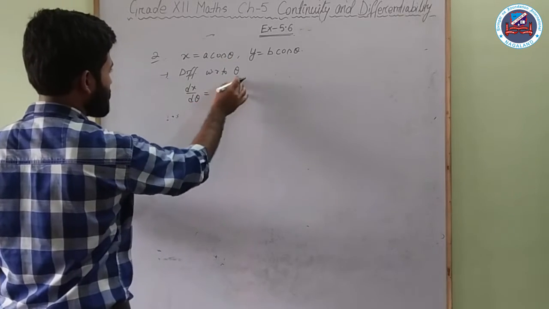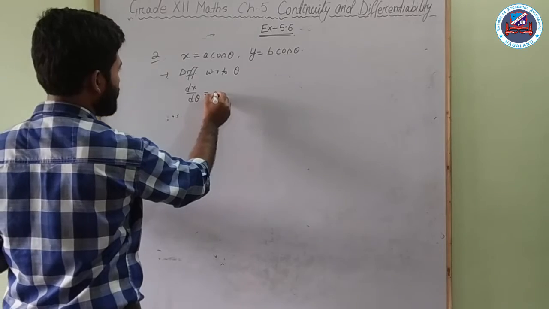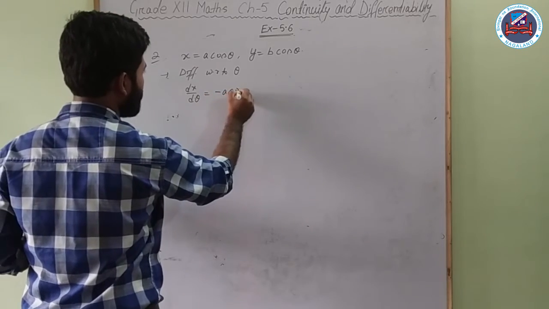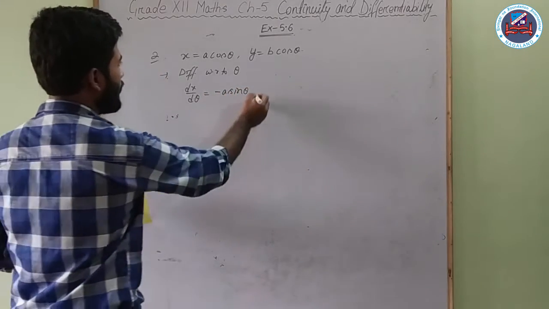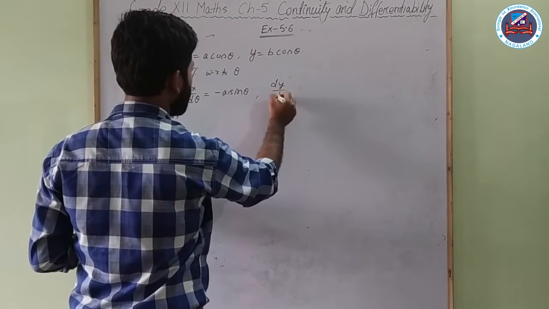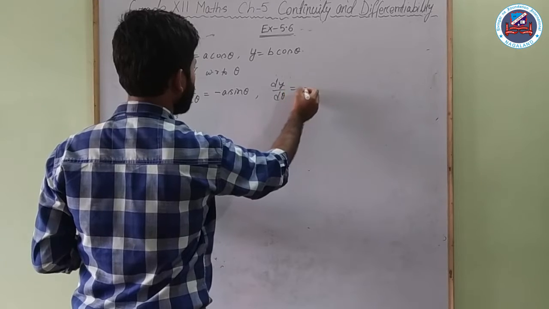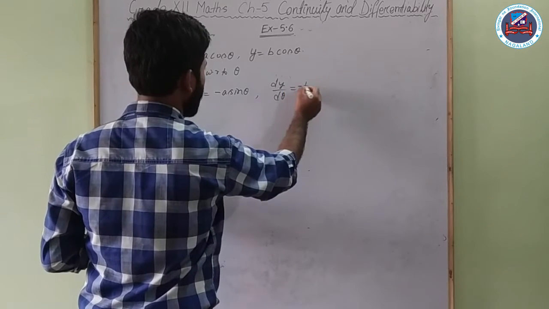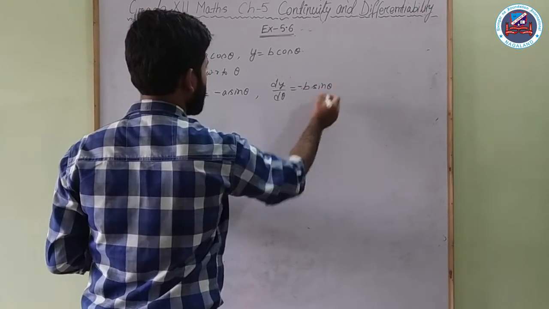So dx by d theta is equal to minus a sine theta. And if I differentiate y with respect to theta, we shall have dy by d theta is equal to minus b sine theta.